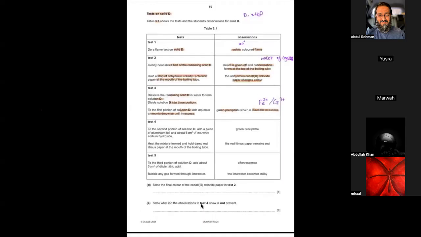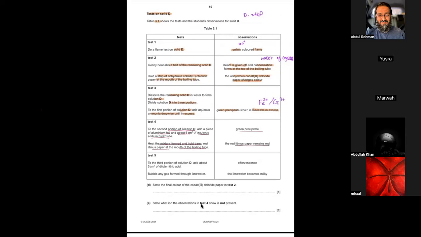Now, to the second portion of solution D, add a piece of aluminum foil and about 5 cm cubed of aqueous sodium hydroxide. Sodium hydroxide will give you the green precipitate. Heat the mixture formed and hold damp red litmus paper at the mouth of the boiling tube.